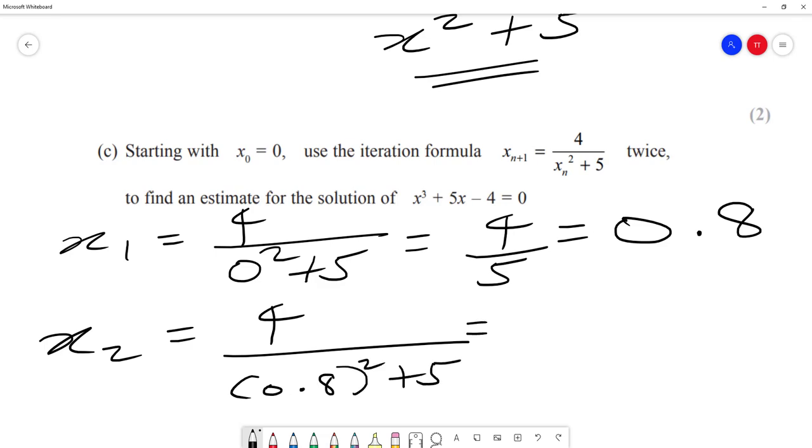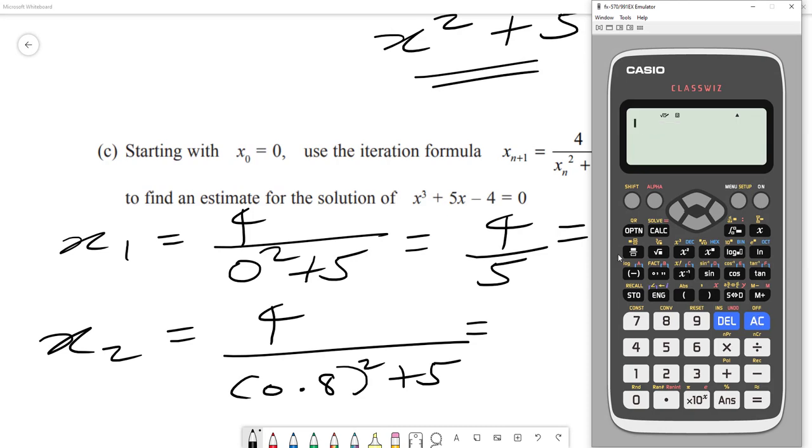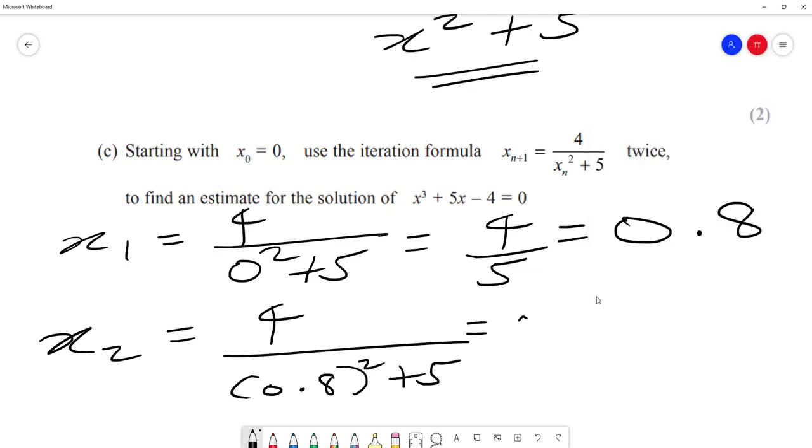I can type that into my calculator directly: 4 over open brackets 0.8 squared plus 5. That will give me my desired solution, which is 0.709, and I'm going to round that to 0.71.